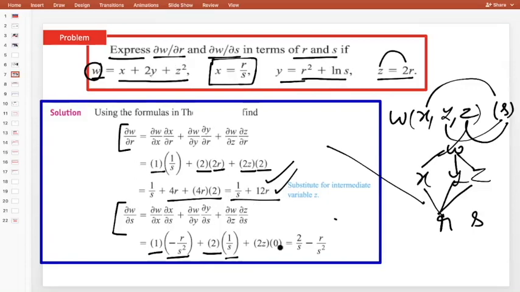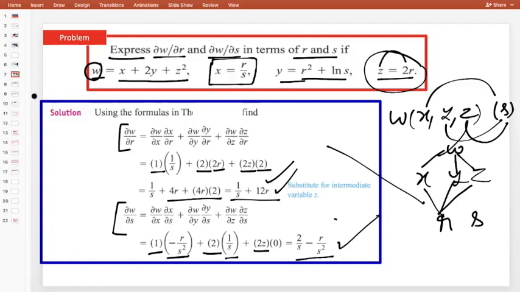So with respect to z we will get 2z, and with respect to s, this is not a function of s, so del z by del s becomes 0. So once you simplify you will get this result. So these are simple applications of the chain rule, right?